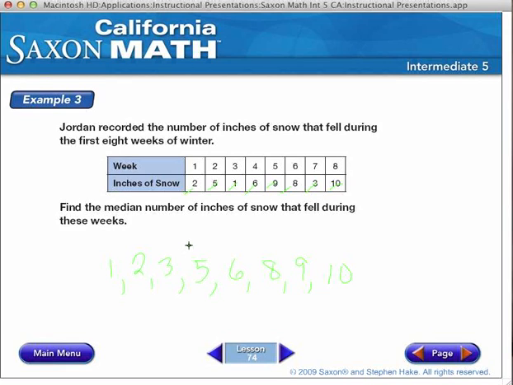So my middle, or my median, is actually going to be here in the middle of these two numbers. And because it's in the middle, we're going to find an average for these two. So I know that 5 plus 6 equals 11, and 11 divided by 2 addends, 5 and 6, equals 5 and 1/2. So the median equals 5 and 1/2 inches of snow.